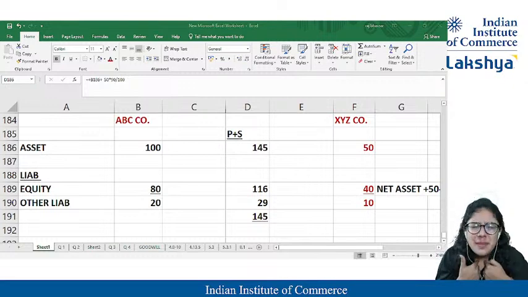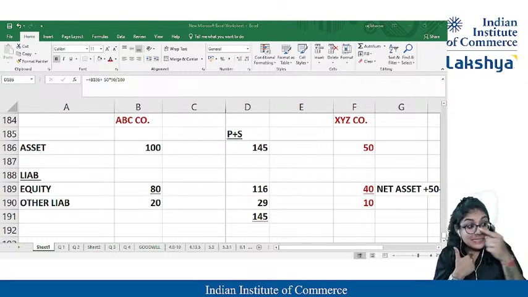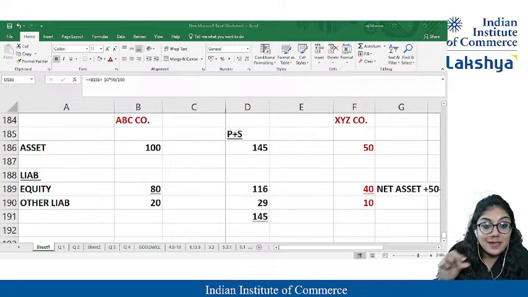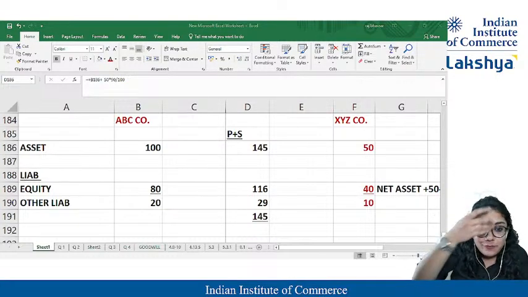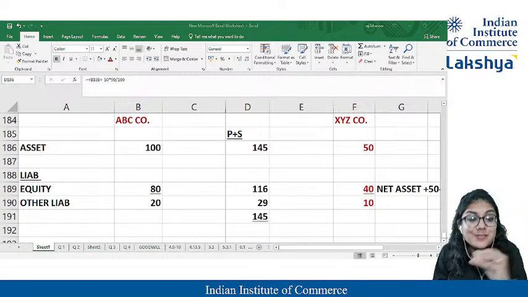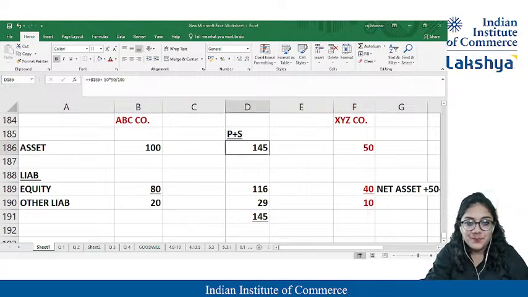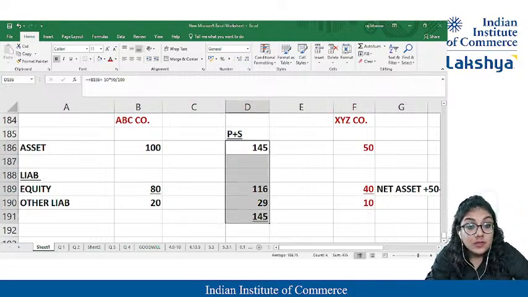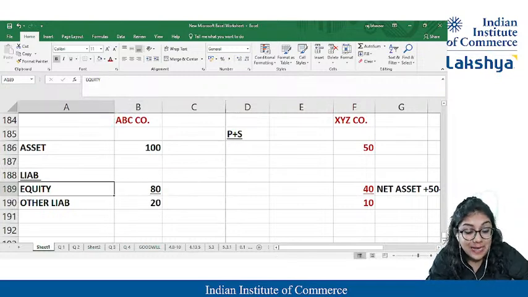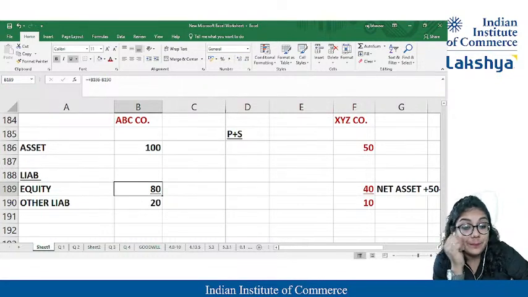As the parent, I want to show my users the total assets and also the balance of NCI. So I have to take complete assets and complete liabilities, and then show the balance of NCI. That means this is totally wrong. In this equity, I will show only what is the equity for my company.